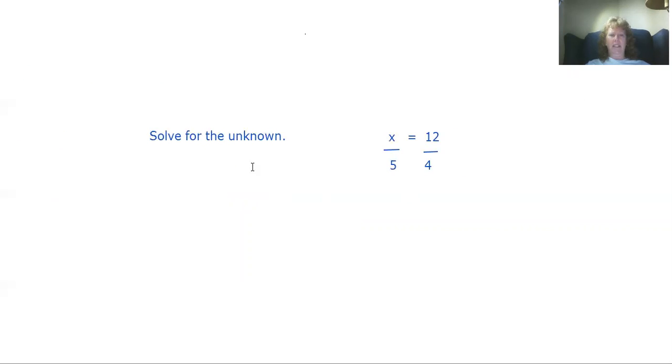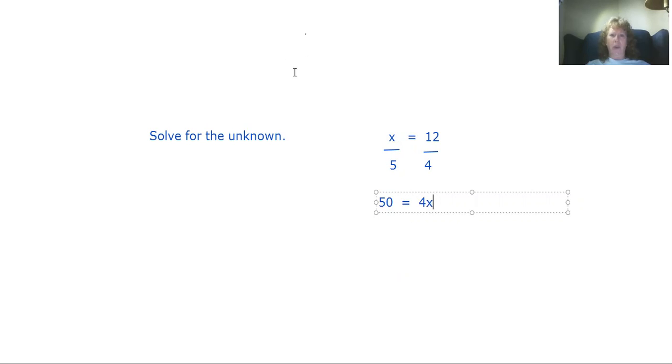This problem says solve for the unknown. So again, we're going to cross multiply. If we multiply 12 times 5, we'll have 60. And x times 4 will be 4x.